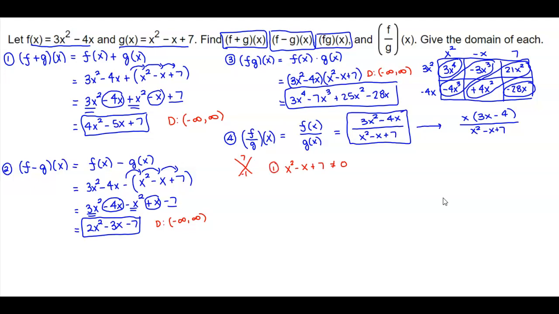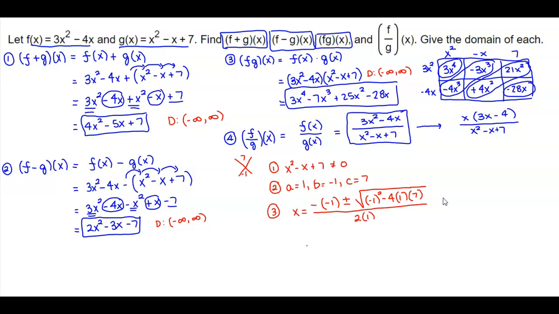So by using the quadratic formula, we would say that a equals 1, b equals negative 1, and c equals 7. So if we plug this into the quadratic formula, remember the quadratic formula is negative b, which is negative 1, plus or minus the square root of b squared, which is negative 1 squared, minus 4 times the value of a, which is 1, times the value of c, which is 7, over 2 times a.